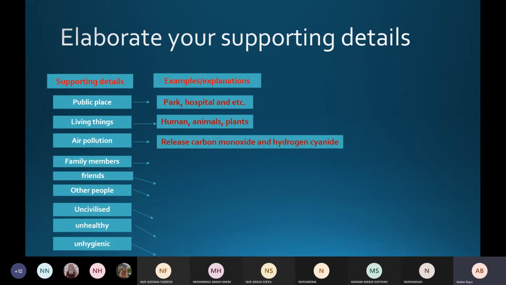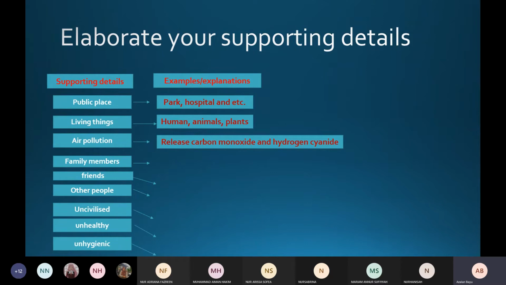Air pollution, okay. Air pollution is not example tapi dia explanation. Okay, kadang-kadang kita tak ada example, tak ada example lah. Bila tak ada example, you can use explanation. You explain bagaimana air pollution tu berlaku. So you can actually Google lah. Mana you nak ingat carbon monoxide, hydrogen cyanide. But you can actually do research. Okay, do research, you can take it.